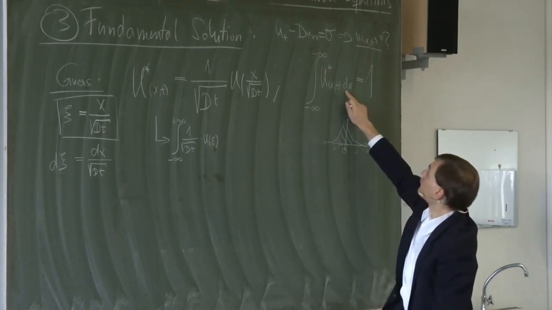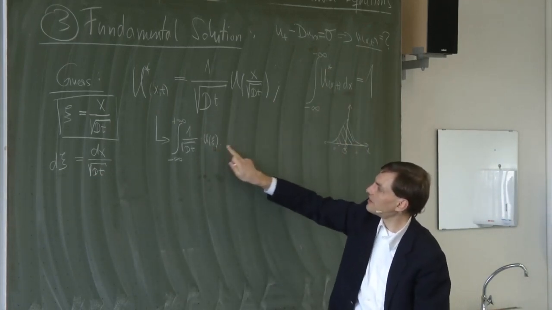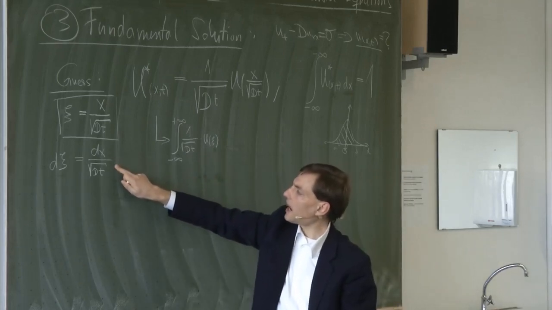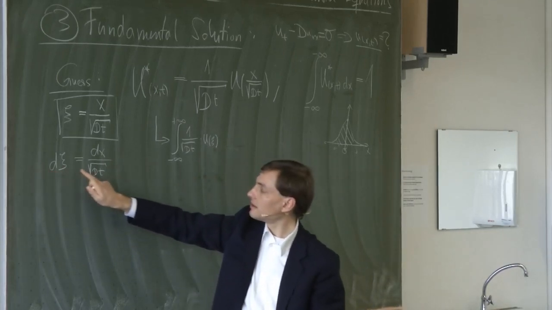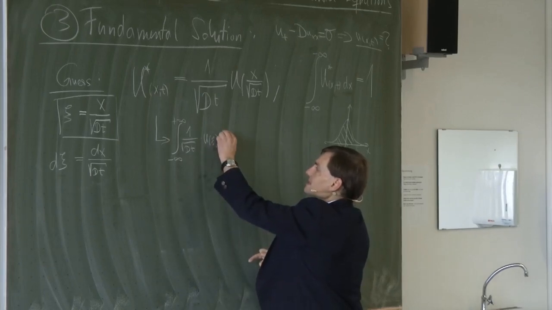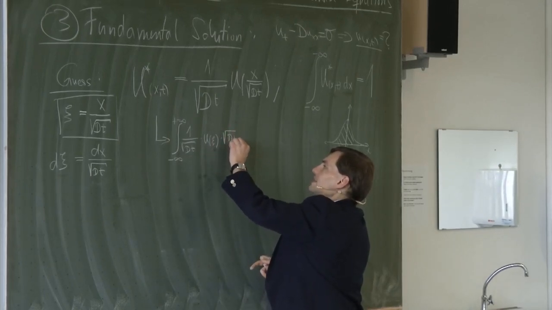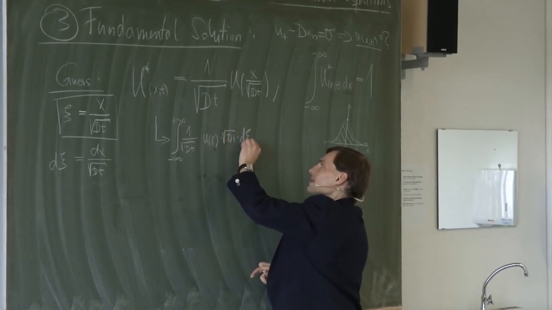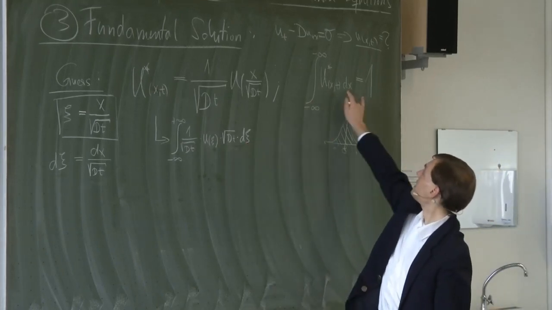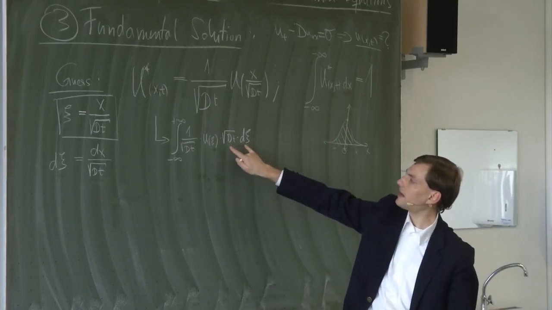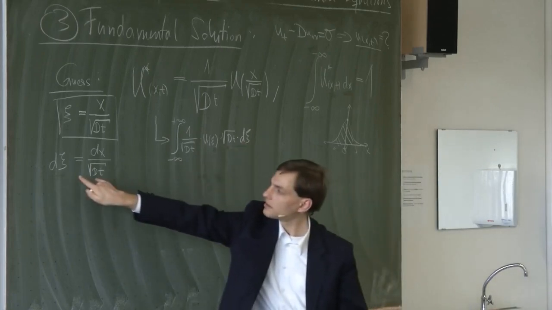So instead of dx, I bring the denominator on this side. This is the same as square root of dt times dxi. So I have to transform the dx into dxi as well, and that is this, right? Can you see this?